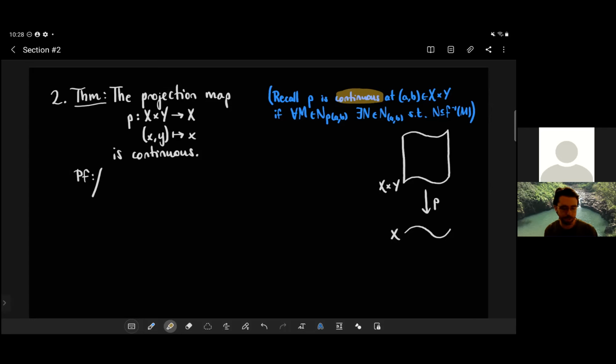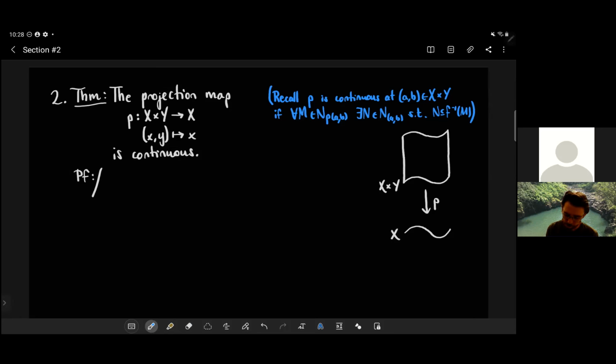So it's a new definition. You guys probably haven't seen this before lecture. But it's handy, and it's going to extend into topological spaces really well. And proofs of continuity in topological spaces are generally super clean, at least compared to the epsilon delta proofs we're used to from analysis. Okay, so we have this map, this projection map.